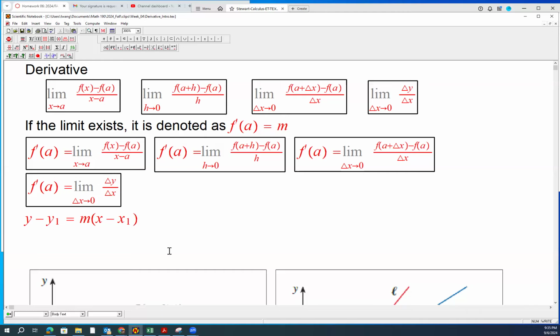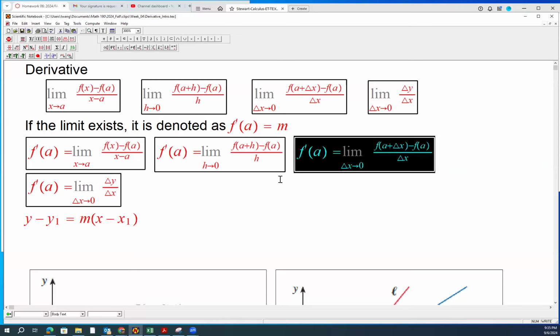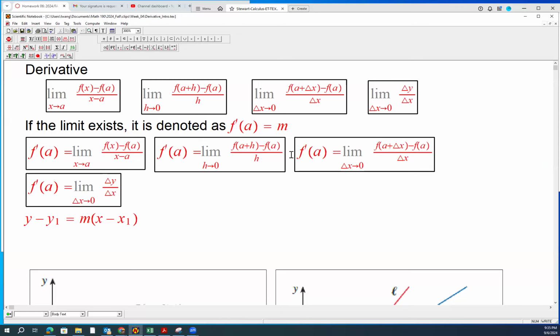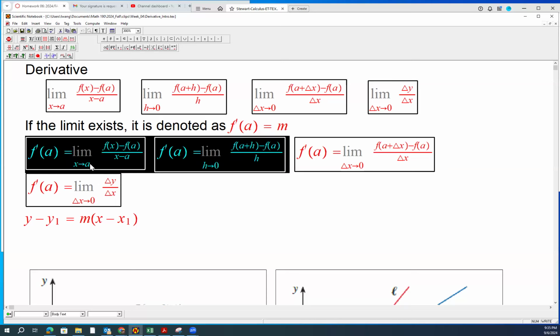So that's what we did today. We used the first two formulas, not this one, to find the slope of a tangent line or the derivative at a.